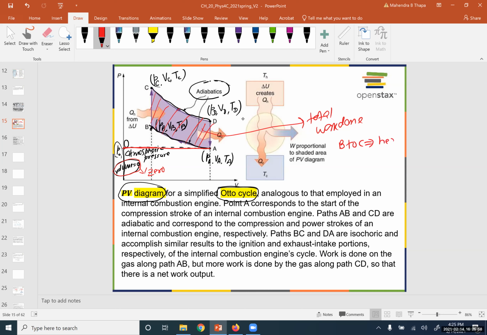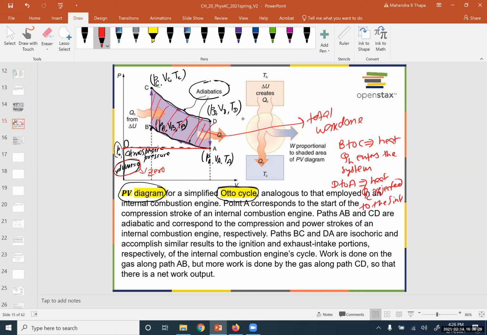Heat QH enters the system. And from D to A, what will happen is that heat QC is rejected to the sink.